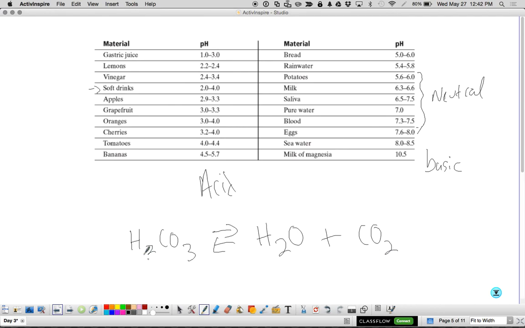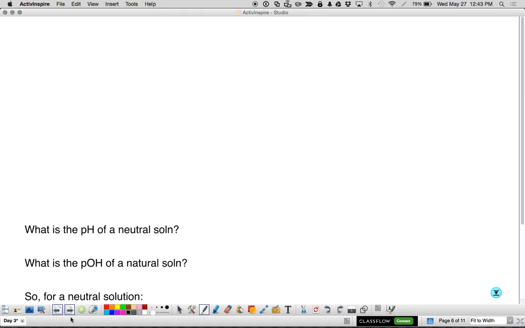They'll also add an acid to keep this solution acidic so that CO2 can pick up protons and move backwards and make more carbonic acid.